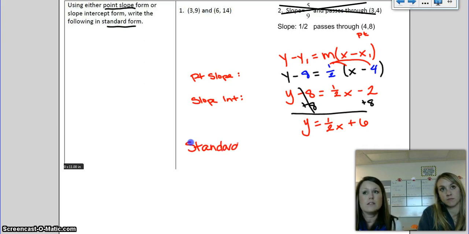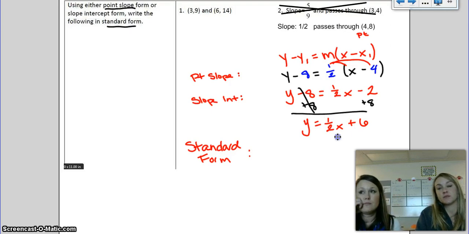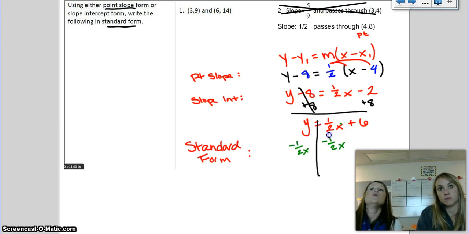Okay, so that's my slope intercept form. Now I'm going to take this into standard form, which was ax plus by equals c. The first thing I'm going to do is subtract 1/2 x to get it to the other side of the equation. So now it says negative 1/2 x plus y equals 6.